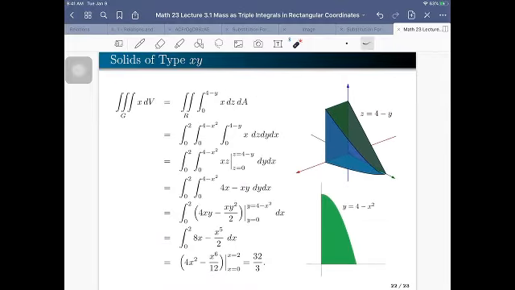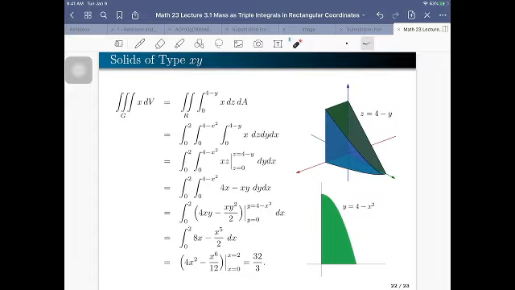So how do you evaluate? The triple integral can now be written as a single integral inside a double integral. So dz, and then the floor function is equal to 0, and the ceiling function is equal to 4 minus y. After looking at the three-dimensional object, you look at the two-dimensional object so that you know how to evaluate the double integral.